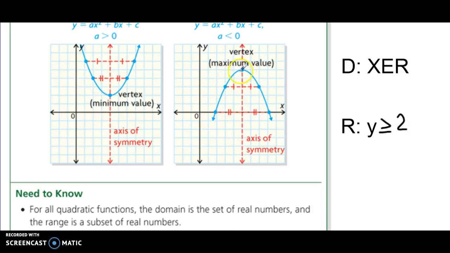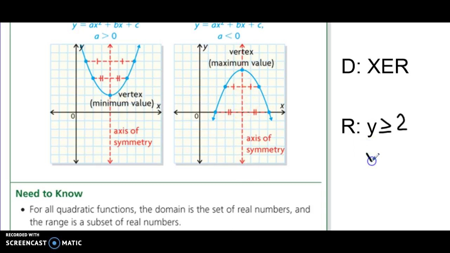If we were looking at the second picture, it goes as high as 1, 2, 3, 4, 5. So the highest it goes is 5. So the range for here would be 5 or anything lower.